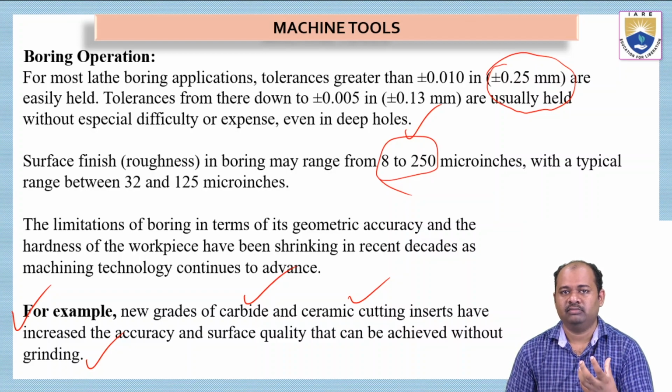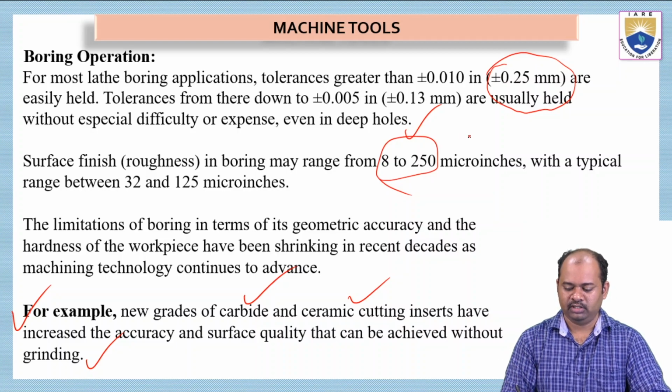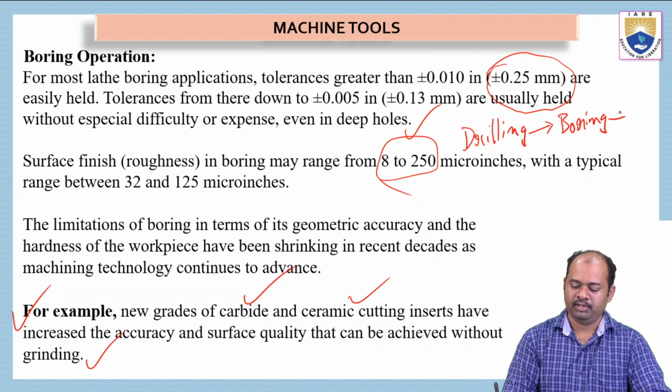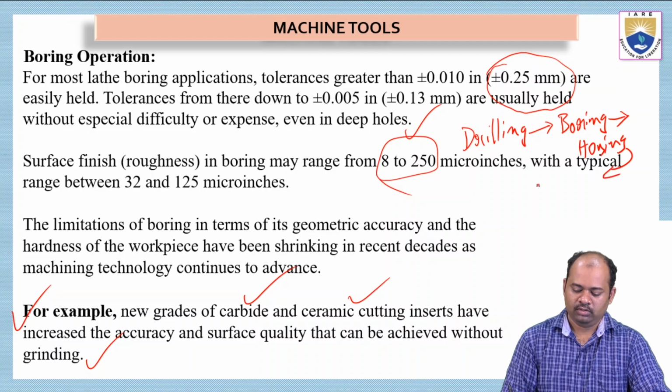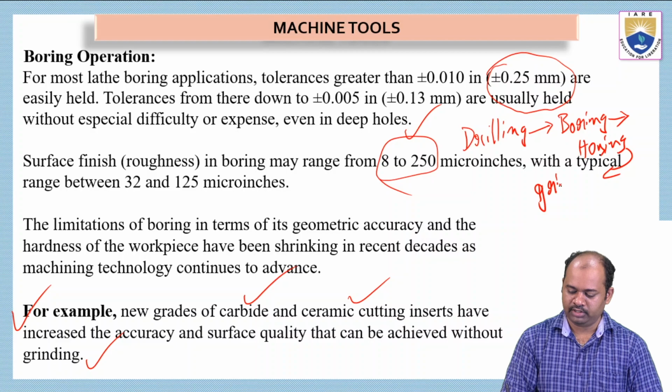So generally, if we compare the operations, first the drilling operation will make the hole. After that, it is sent to the boring operation, and after that it is sent to operations like honing, and finally it is sent to what we call the grinding operation.